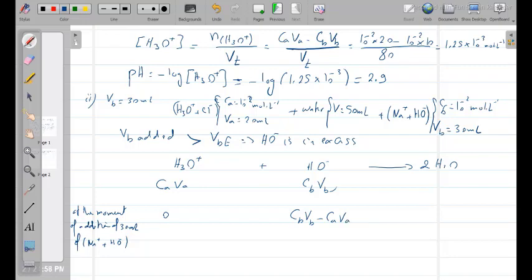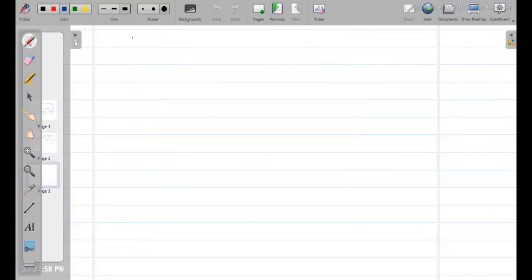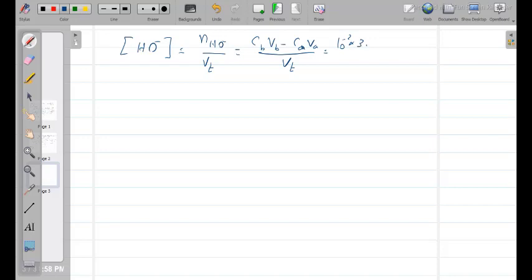We calculate the concentration of HO- left equal number of mole of HO- left over V total equal CbVb minus CaVa over V total. Cb equal 10^-2 times Vb equal 30 minus Ca 10^-2 times Va equal 20, over V total.